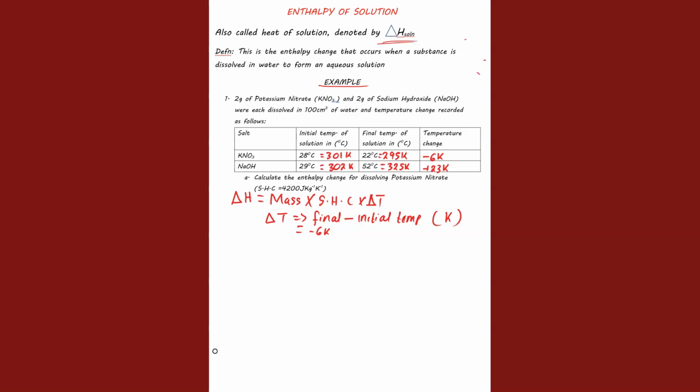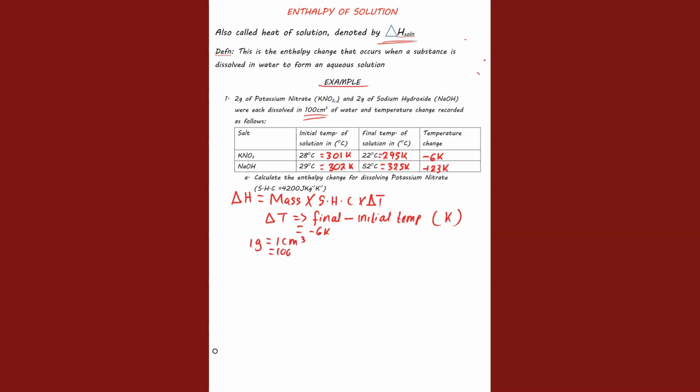Next, we find the mass that we're going to use here. Now mass, we normally take the mass of solution. For example, when you come back to this question, we note that you've been given 100 centimeters cubed of water. And we know that 1 gram of water is equivalent to 1 centimeter cubed.